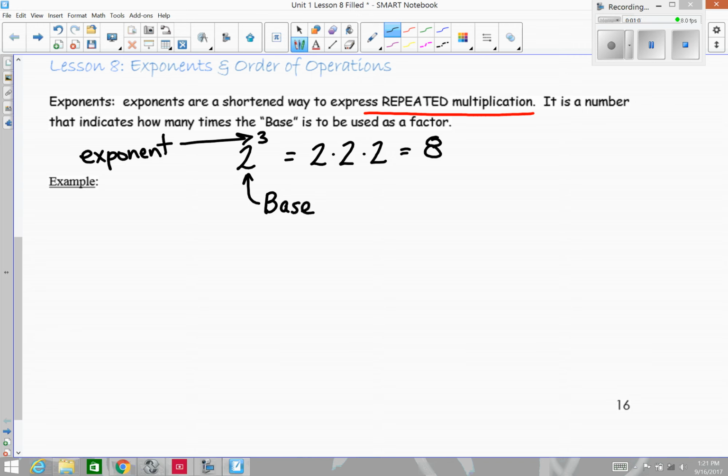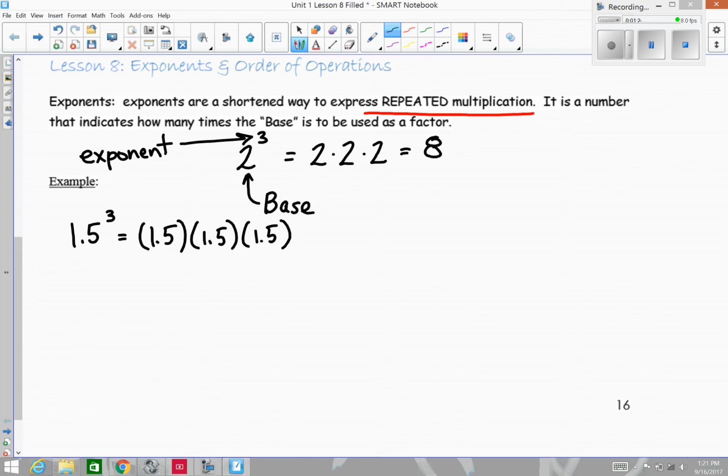So if I have something like 1.5 to the third power, that would be equivalent to 1.5 times 1.5 times 1.5.